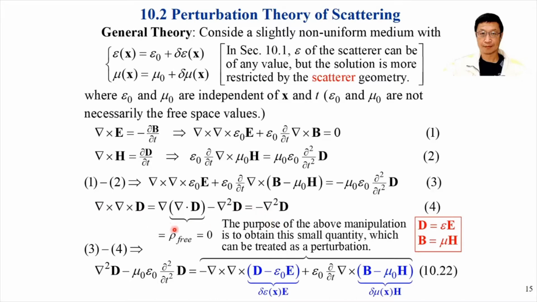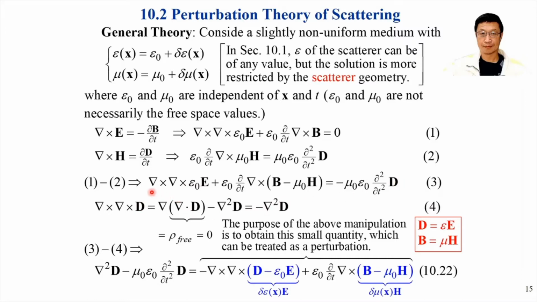Okay, so you can see our purpose. We have D, epsilon 0 E. We have B, mu 0 H. Looks similar. So we can further do 3 minus 4.